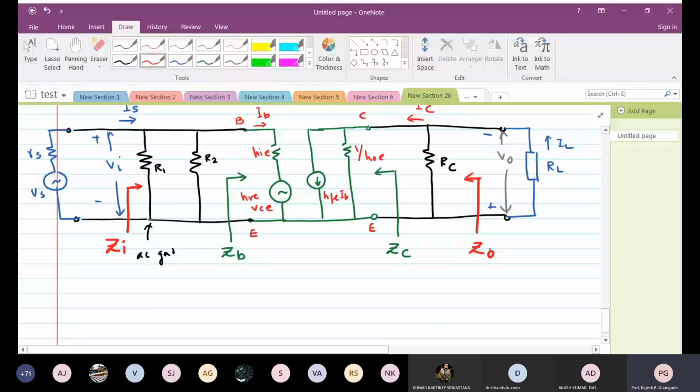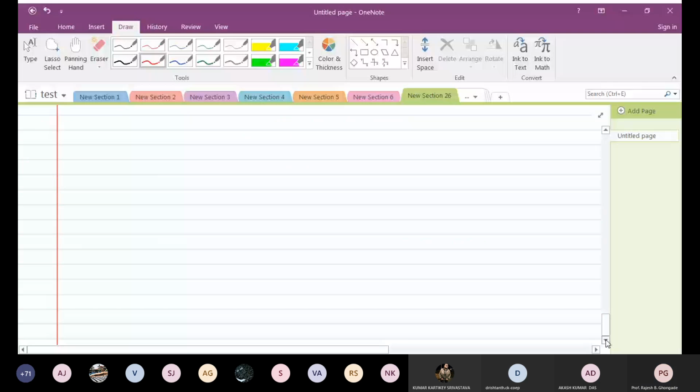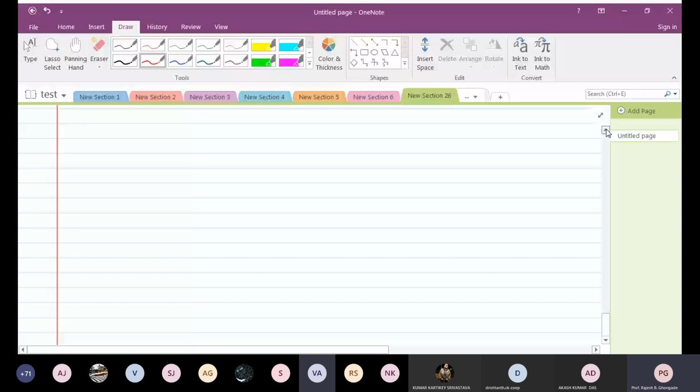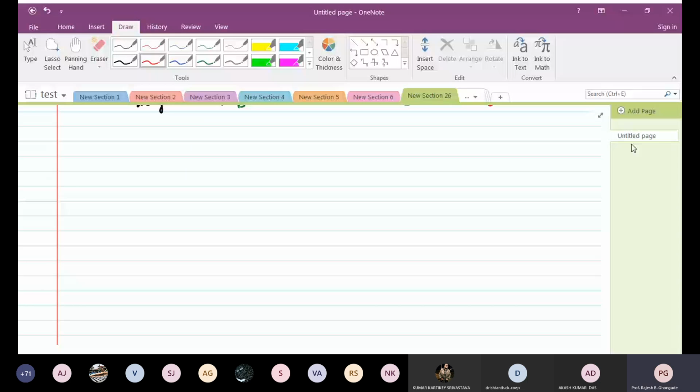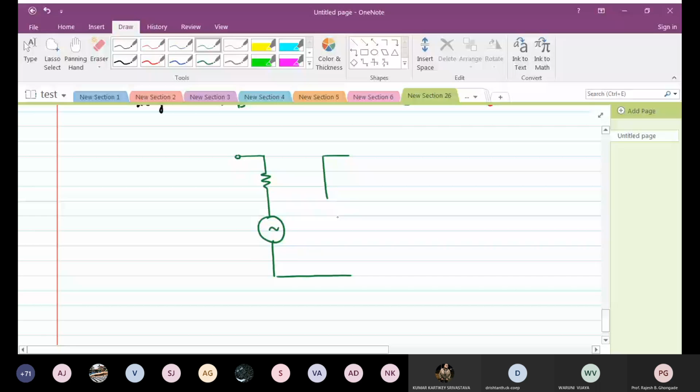Okay? Yes, sir. Similarly, I can draw the AC equivalent circuit for common emitter amplifier with unbypassed RE. Yes, so I'll draw that because we are running out of time. Remember, this is your emitter terminal.